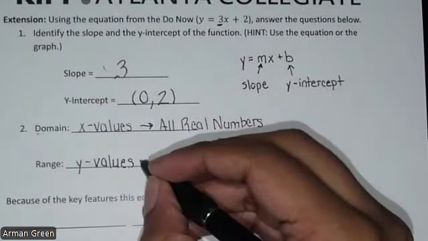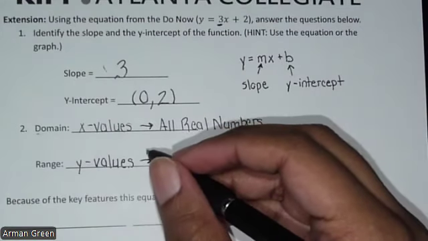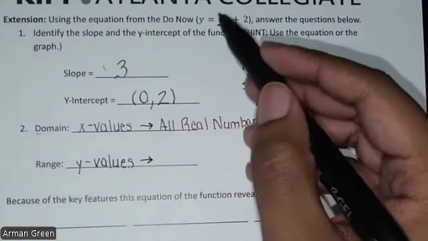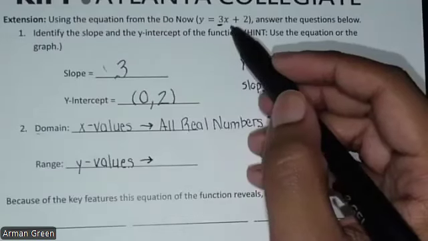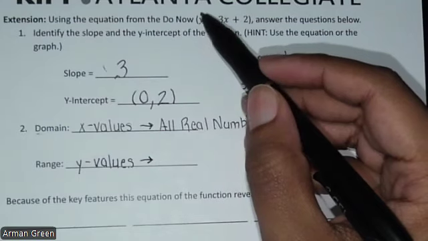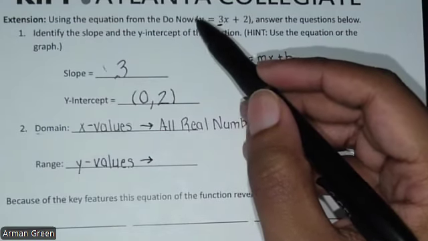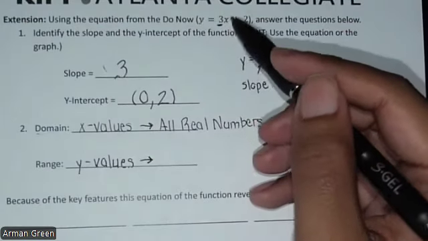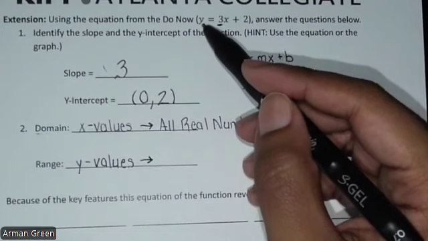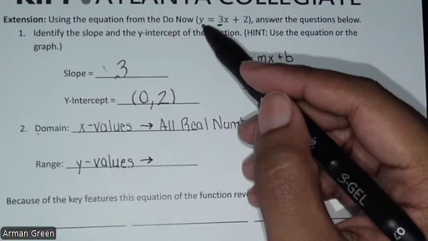Now, the range, kind of the same idea. If I were able to plug in any x value into this function, what are the potential options of y values that I can get in return? Is there a number for x that I can plug in to get y equal to 0? Yes, you're able to do that.